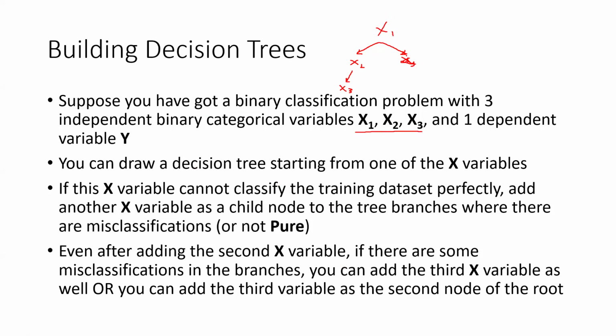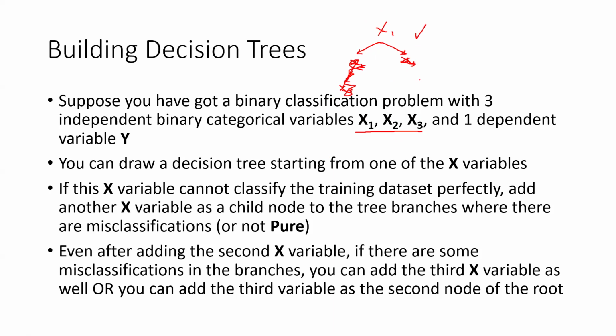For example, if x1 is the age of the person, and the age can completely classify your data set into two, whether that person would have cardiovascular diseases or not, then you don't have to think about other variables. If a single variable can do it, you stop here. If not, then you have to think about adding new variables.